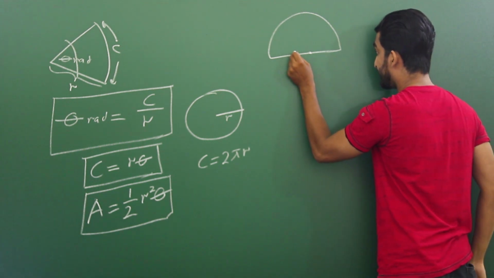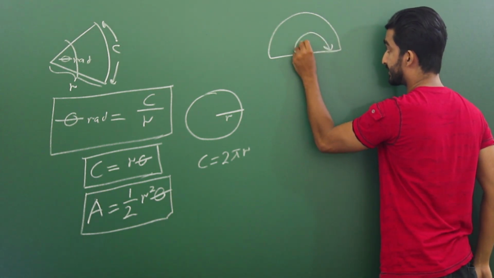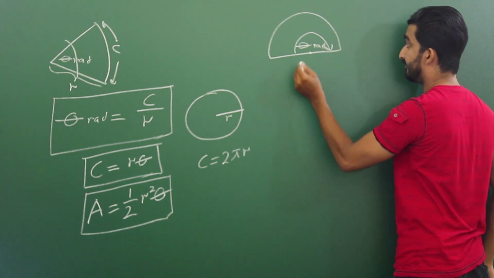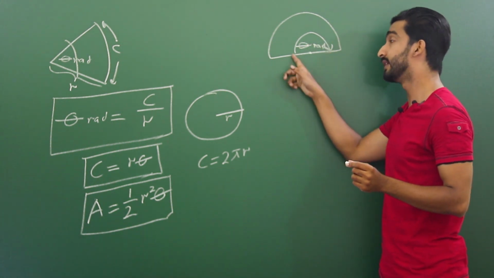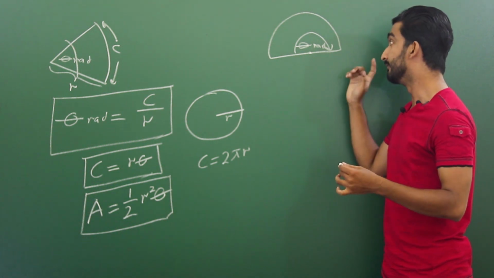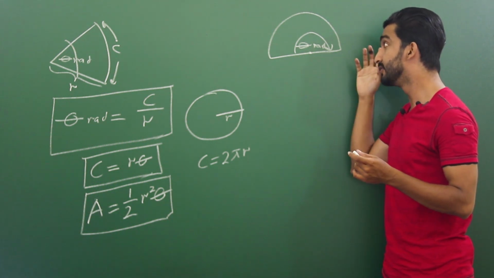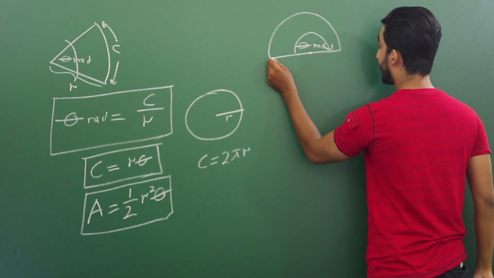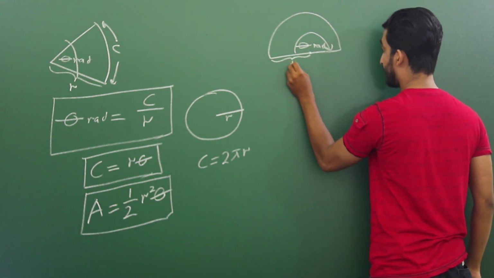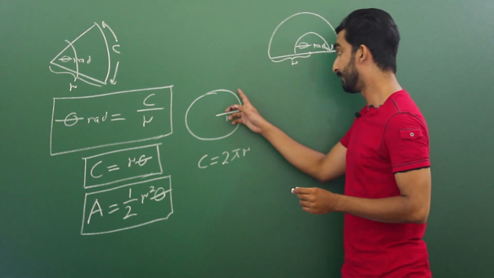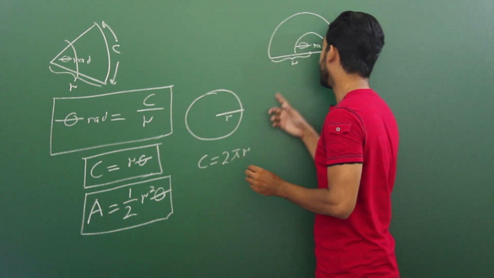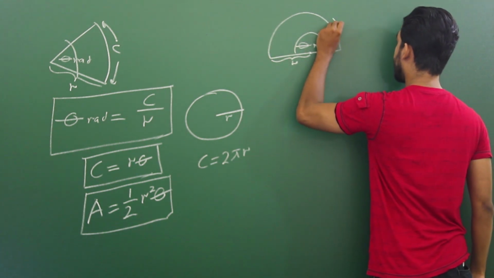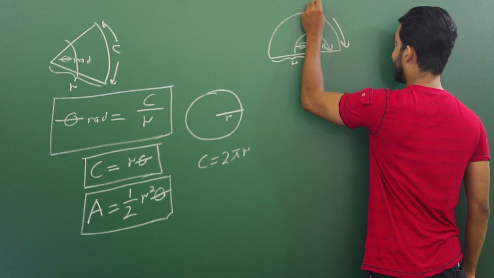But now let's say we are measuring in radians, so we don't know how much it is, so we mention it theta radian. If it is measured in degrees, we know already this is 180 degrees, but since we are measuring in radians, we mention it theta. And let's say this is r, and the complete circle circumference is 2 pi r, but this is a semicircle, so half of it, it's pi r. So this arc length will be pi r.